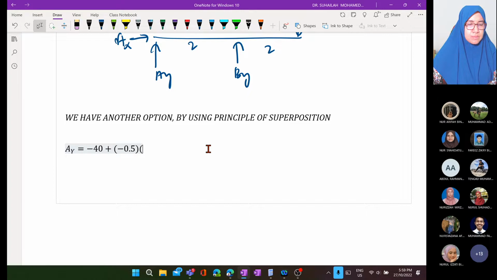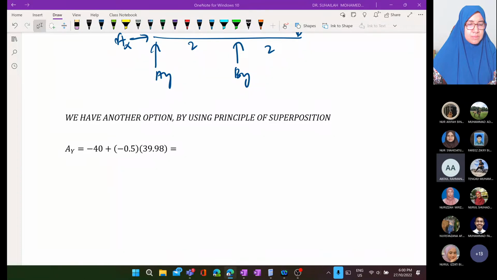The redundant is 39.98 and it is equal to, okay, can you see? Okay, this is the easiest. If we compare to the equilibrium equation, this will be easier. So what is the answer?